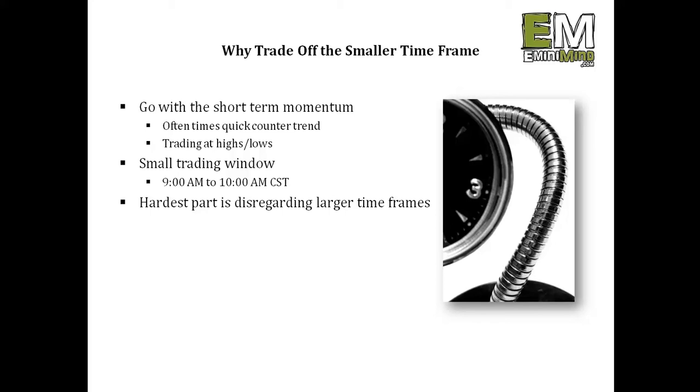So we'll talk about a few ways that you can utilize the smaller time frames without taking into account the larger time frames. And you can also use this style to enter the gap fill. I do have a webinar in the member dashboard specifically talking about the gap fill, and it uses this similar style of entries.